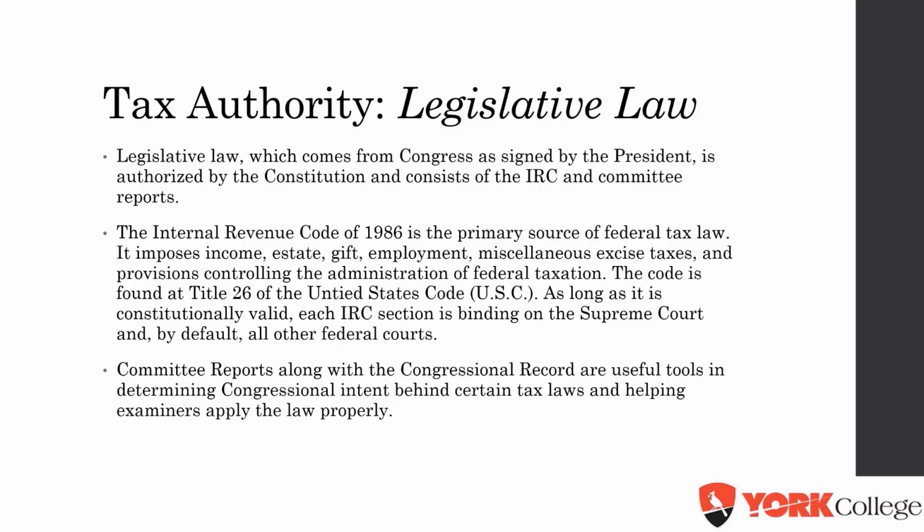In these cases, the congressional intent can determine what was Congress's intent in passing that specific provision. And a lot of the time, determining congressional intent helps not only the executive branch officials, but also the judges to analyze and interpret these specific tax law provisions.